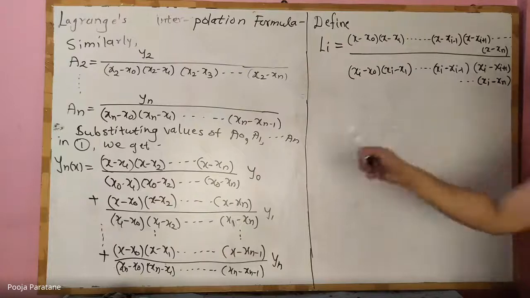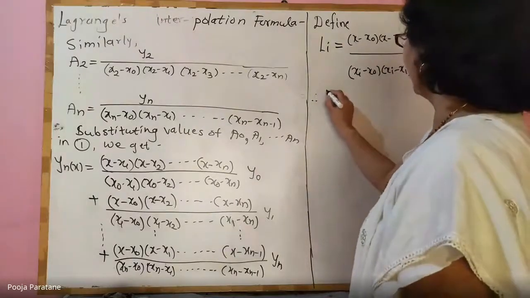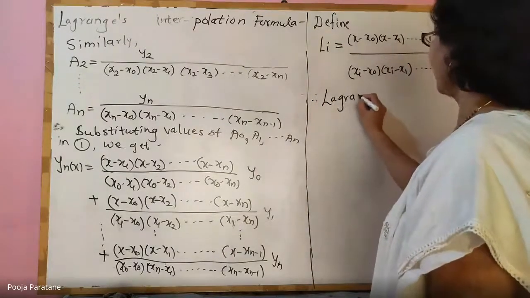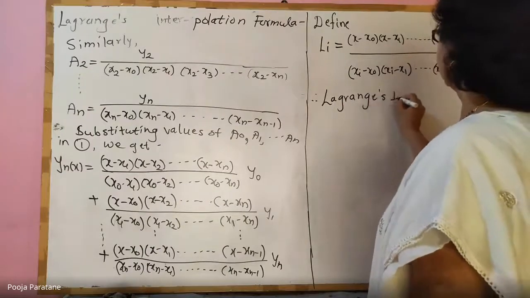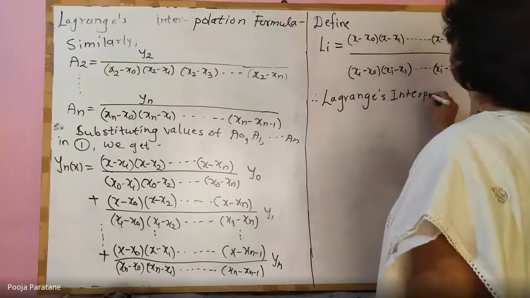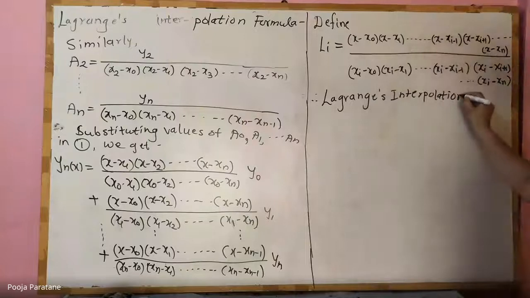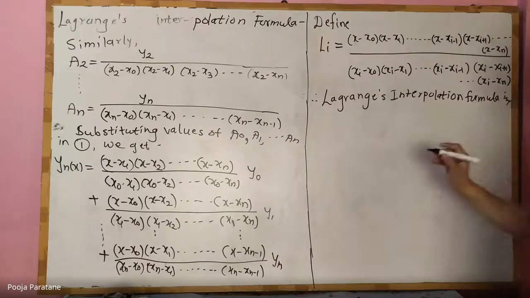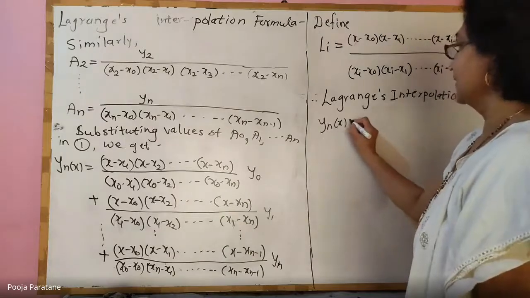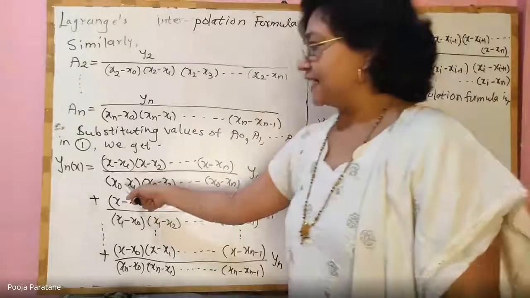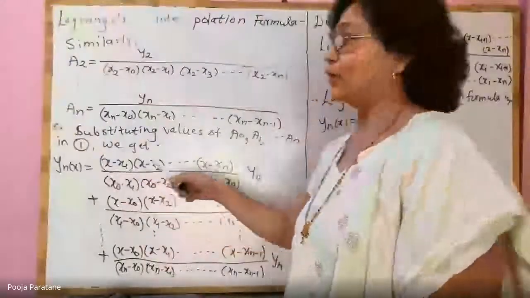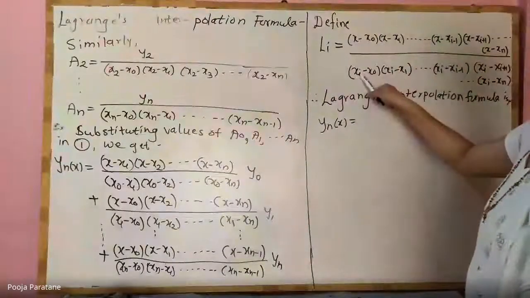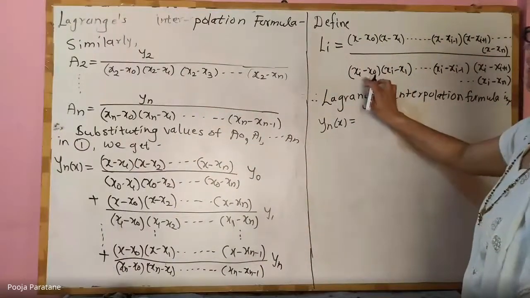And then we can rewrite this formula as, so therefore, Lagrange's interpolation formula is y of x equals, now this term is related to x0, so I will write here L0, so that I should get here x0.